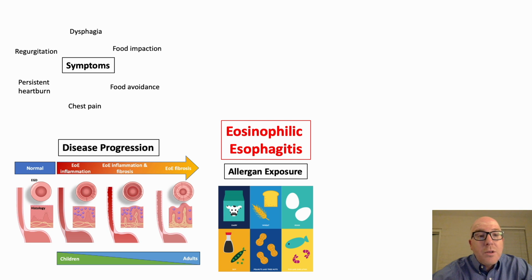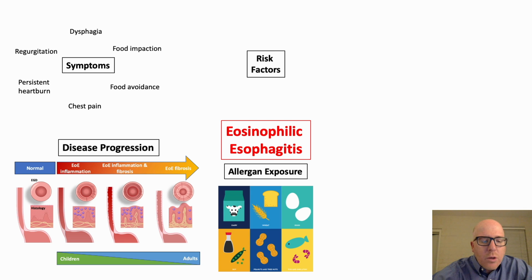But patients can also present with chest pain. It's also in our differential diagnosis for patients who have persistent heartburn. And then regurgitation can be another symptom as well, usually coupled with dysphagia or difficulty swallowing. But these are the constellation of symptoms that are typically seen in adults.